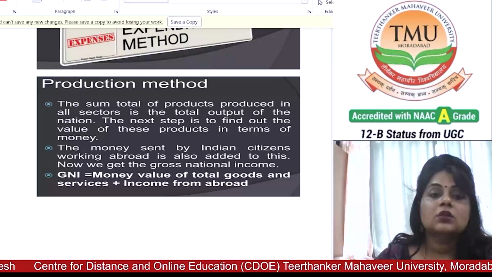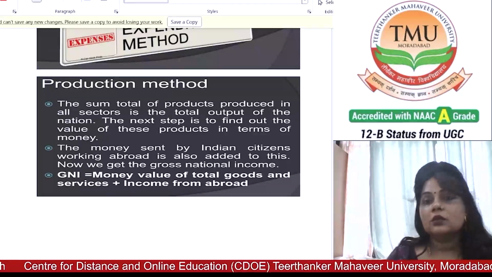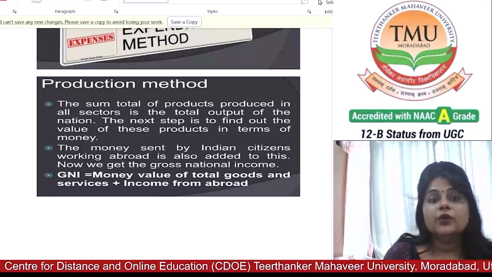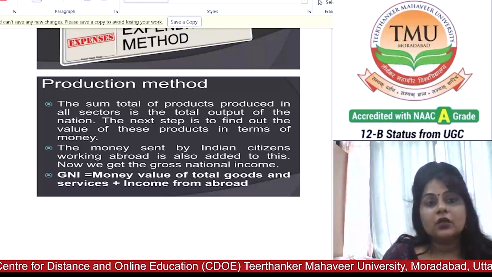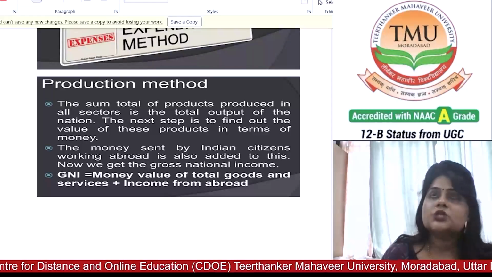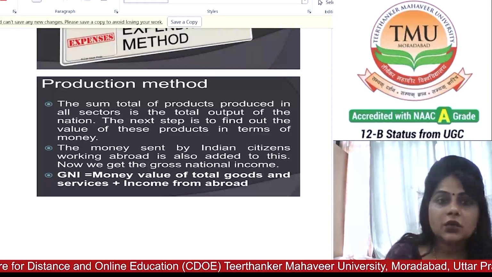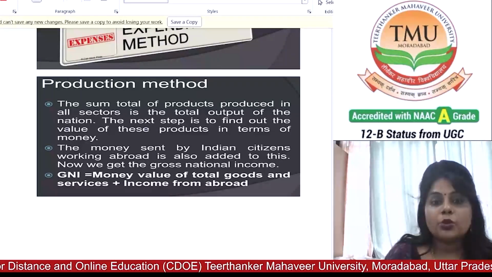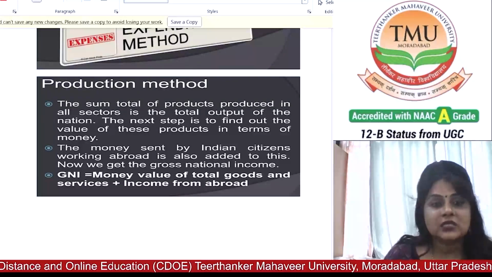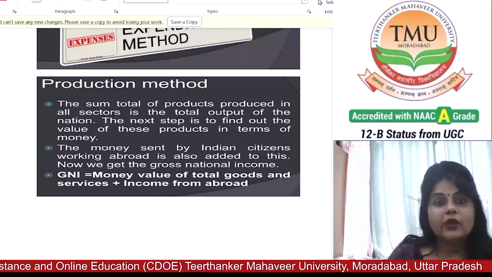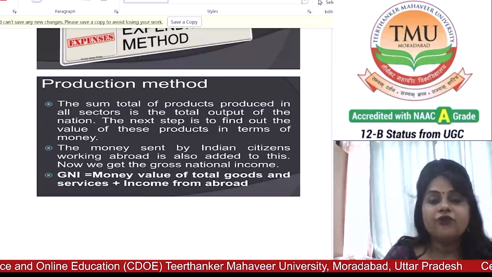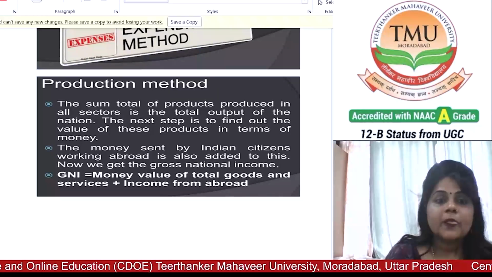So double counting in the production method is a problem, and there is a need to avoid it. Some precautions should be taken to avoid double counting. First of all, the final output method. The method of final output says that only the value of the final goods should be added in the determination of national income.